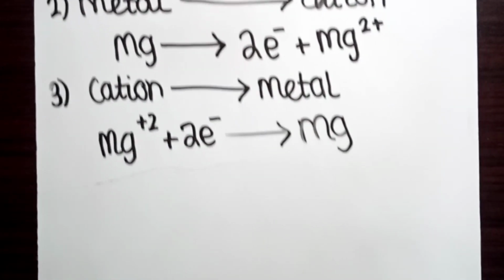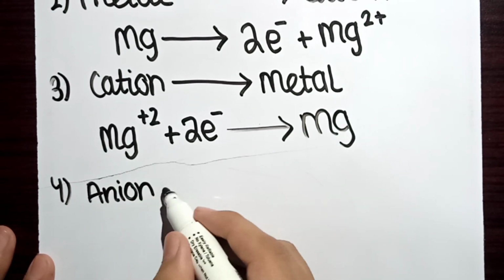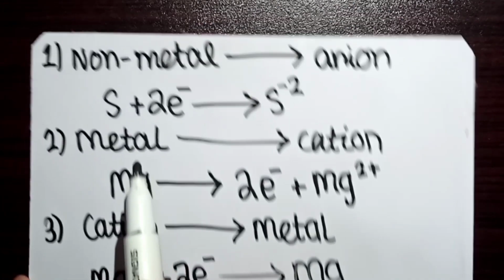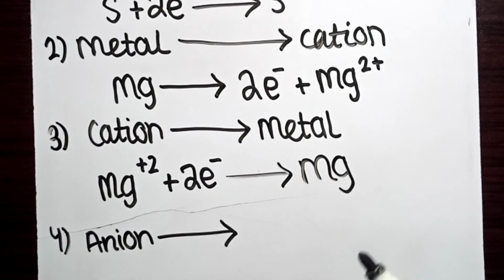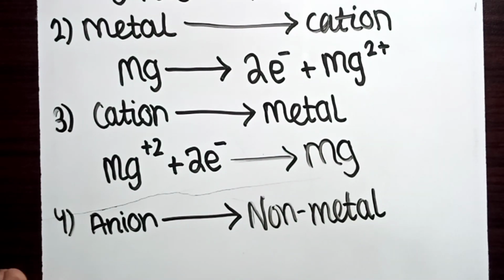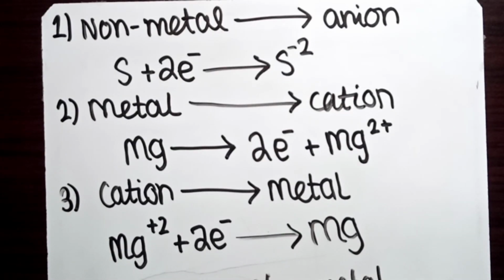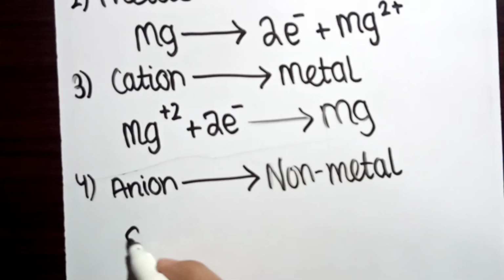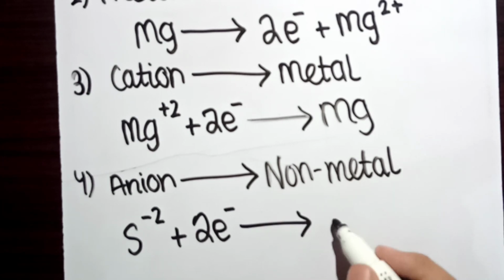Moving ahead, what in the case of an anion? As the non-metal has gained electrons to become an anion, the anion will lose electrons to become a non-metal. For example, sulfur, whose valency is -2, gained 2 electrons to become an anion. So the anion with -2 will lose 2 electrons to become a non-metal.